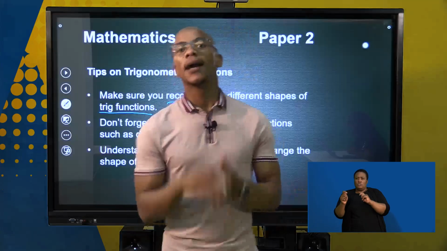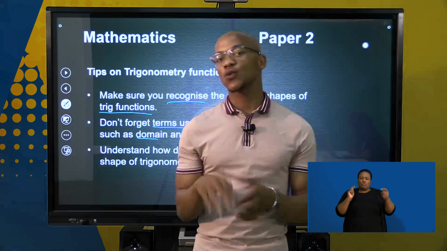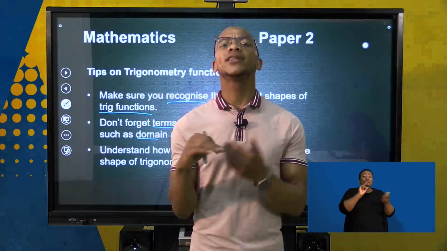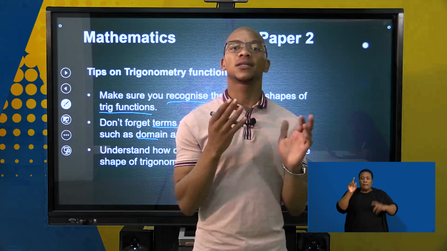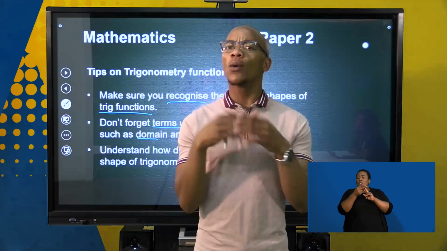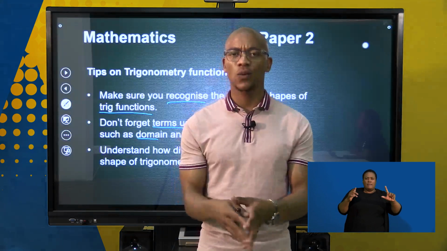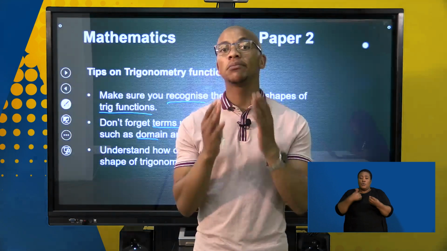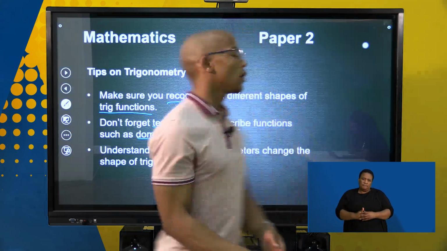What do we mean? If they say it is shifted 1 unit up, what does that mean? What does that change? You need to know those things. If it is shifted 30 units to the right or to the left, what does that mean? What does it change? What stays the same and what changes? So those are the things that you need to look out for.